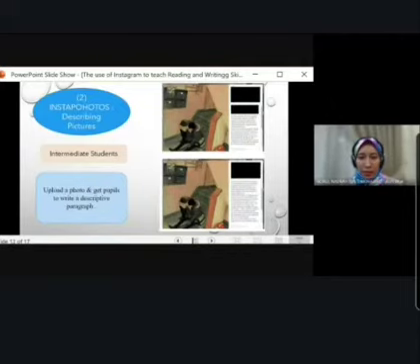Okay, next. This is an example of the task for intermediate students. We make the task a little bit harder. They need to describe pictures, so we give them some pictures. Choose any pictures that relate to the content of the lesson on that day. Get pupils to write a descriptive paragraph based on the picture given.